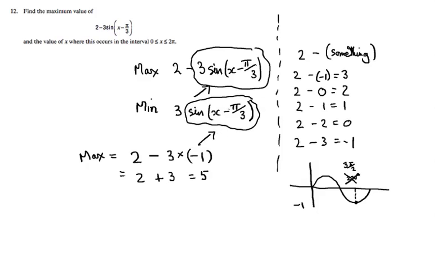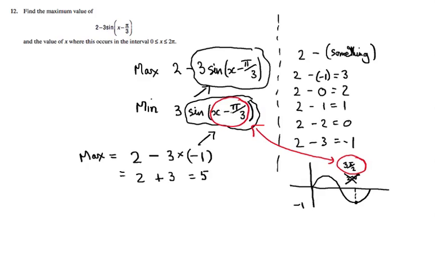But we have to go back in and say, well, okay, this -1 value, this minimum that sine of this angle takes, happens when the angle is 3 pi upon 2. Let me just emphasize that by circling these.